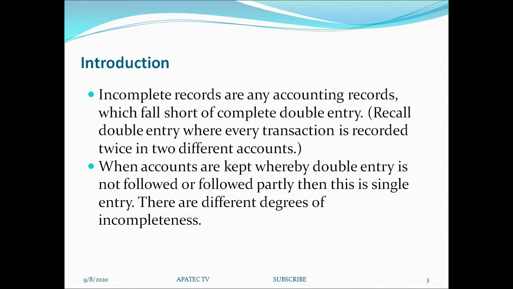Incomplete records are any accounting records which fall short of complete double entry.